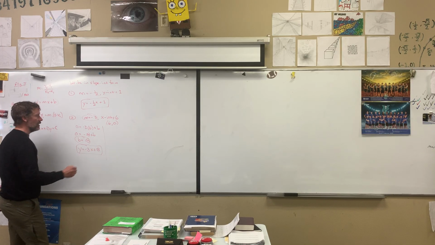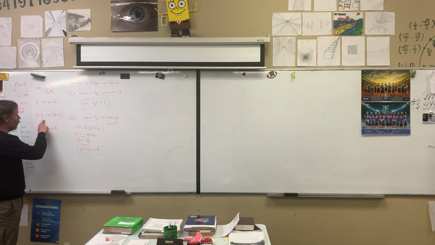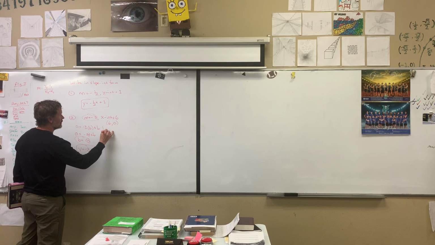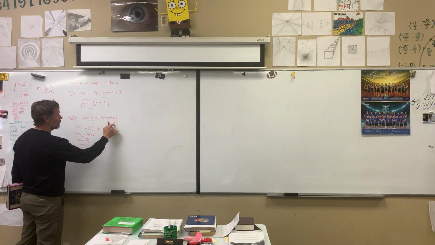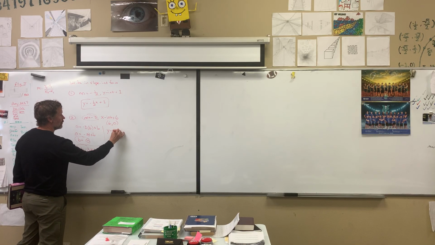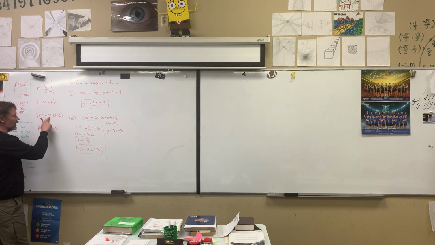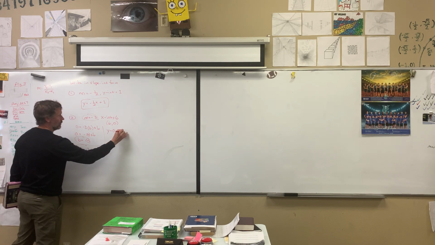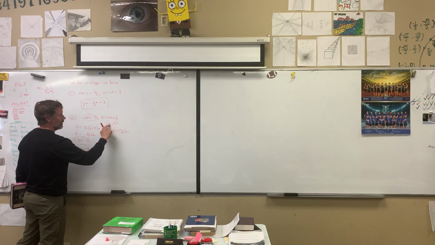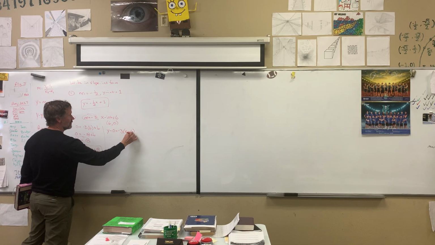The other method is to use your point-slope form. And in this, you will plug in your point and then plug in your m. And so you would state y minus y1 is equal to m right here times x minus x1. X minus, our x value is 6.